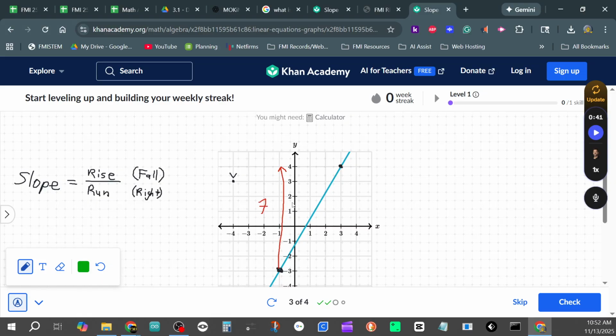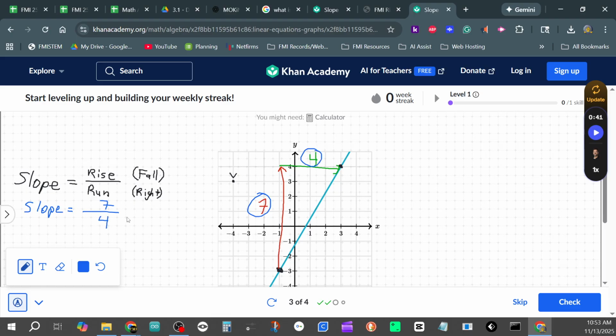Now, how far do I have to go over? Once I get to this spot right here, I have to go over to this spot. So that's 1, 2, 3, 4 over. So that was 4 over. So what that means is that my slope, my rise, is the 7, and my run to the right was 4.